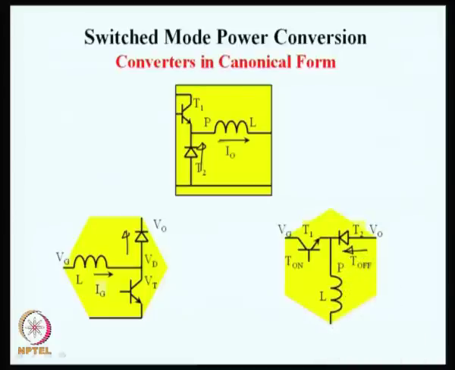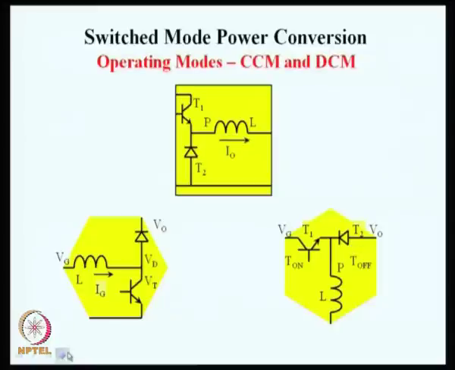For example, if the current in the inductor is like this, diode can support it, but if it reverses, the diode cannot support. So, in all these converters, as we realize with a transistor and a diode, there is a problem relating to the flow of the current in both directions, and that gives rise to a new operating mode called discontinuous current mode or discontinuous conduction mode of operation.